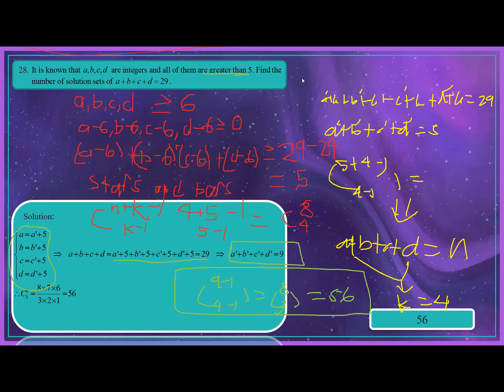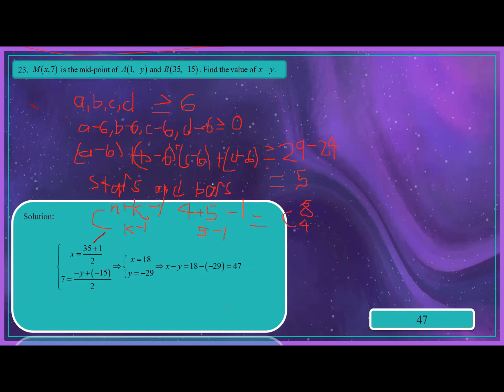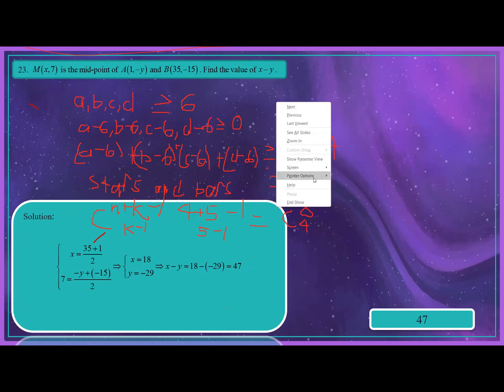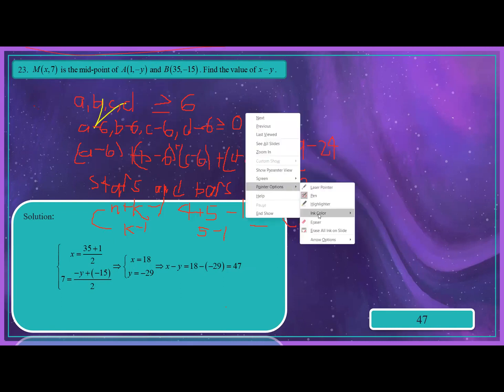Could you turn back question 23 and 24? I want to take a picture. Wait, sorry, what was it again? Could you turn back question 23 and 24? I want 23. Okay, sure. 23 and 24. Okay, thank you. I want to take a picture. Okay, wait, I'll just erase. Can you erase your ink here?